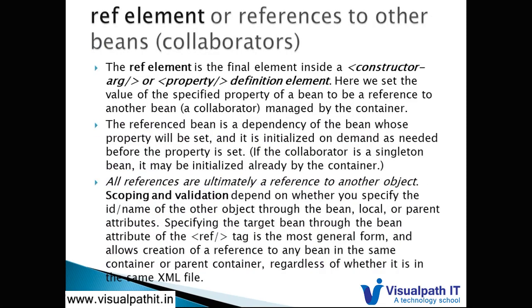All references are ultimately a reference to another object. The scoping and validation depend on whether we specify that particular id or name of the other object through the bean, local or parent attributes.